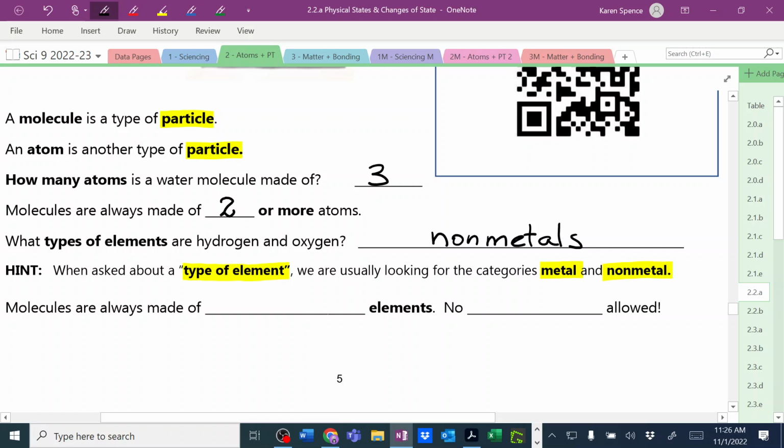And it's interesting because molecules are always made of non-metal atoms. No metals allowed. If you mix metals, you end up with an alloy. So what'll happen is you would have to melt one metal and melt the other metal, and then you can pour them together and mix them around.